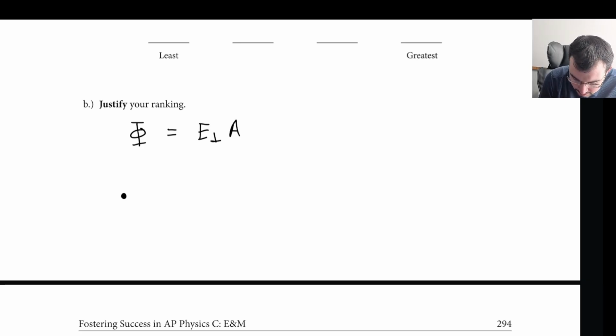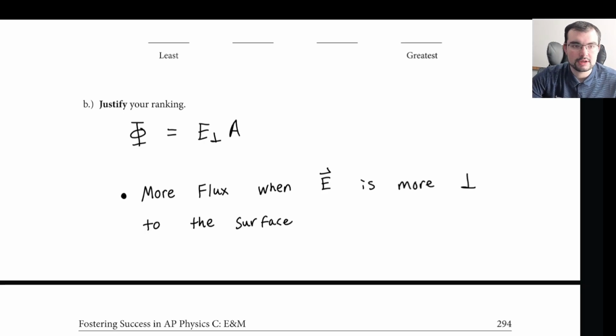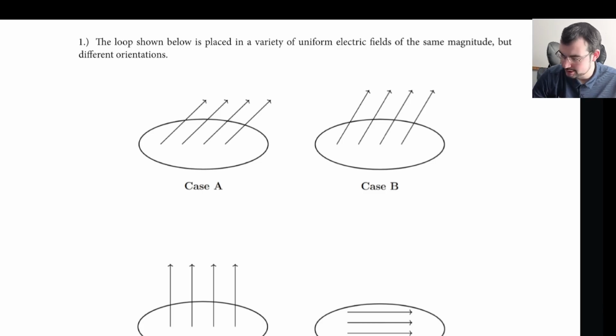So we have more flux when E is more perpendicular to the surface. So we're just going to rank how perpendicular each of the E fields are. So let's draw E perp in each case.